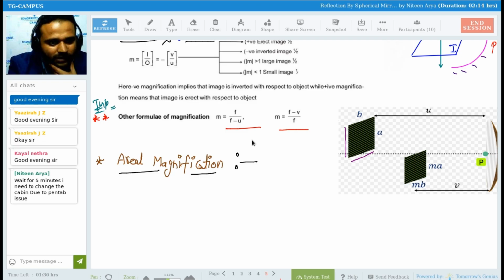So your aerial magnification is the area of image to the area of object, that is MA cross B. Properly, I am going to give you this. So what is the formula then?